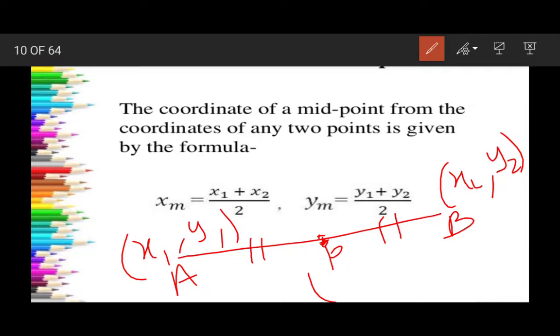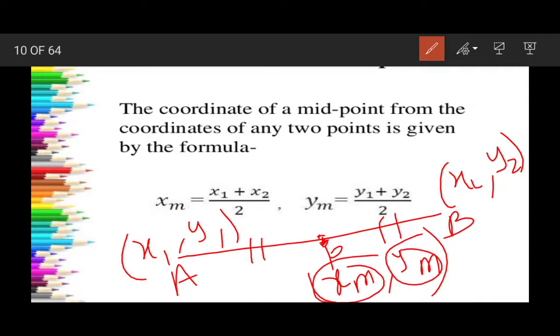Suppose P has coordinates (xm, ym), M for midpoint. Then we can find these coordinates using the midpoint formula. The x coordinate will be (x1 plus x2) divided by 2, and the y coordinate will be (y1 plus y2) divided by 2.